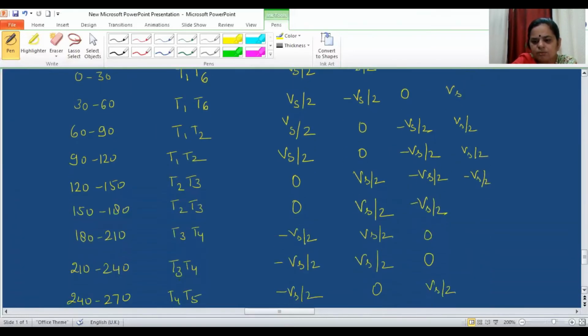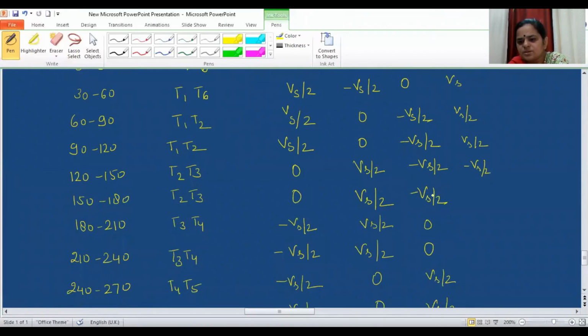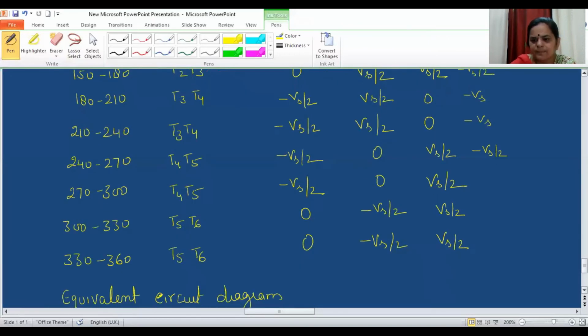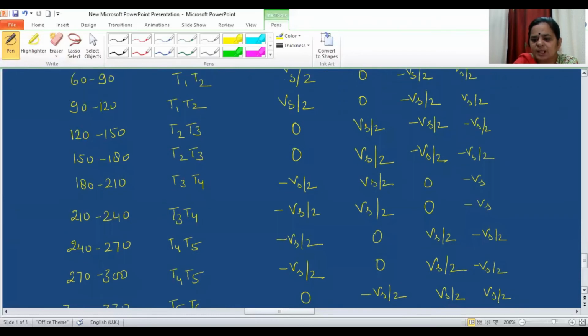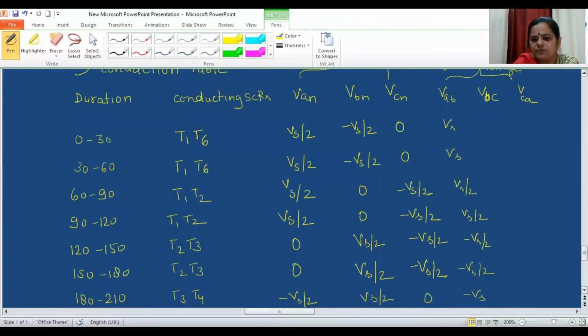This is how we are supposed to write. So this is again minus Vs by 2. This is minus Vs, this is minus Vs, this is minus Vs by 2. Then here also minus Vs by 2. Then Vs by 2, then Vs by 2. So this is how we are going to calculate VAB by subtracting VBN from VAN.